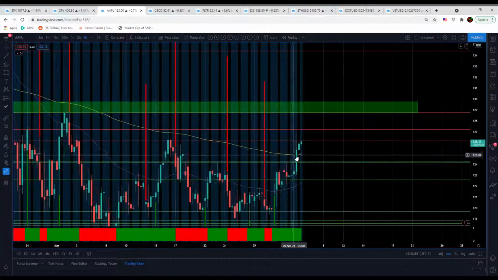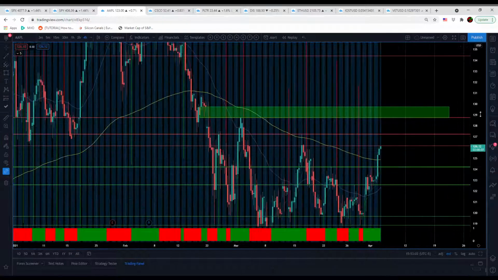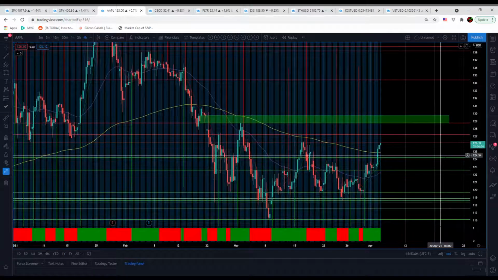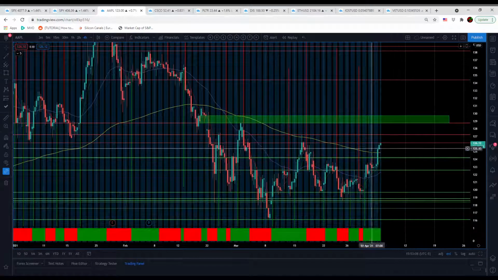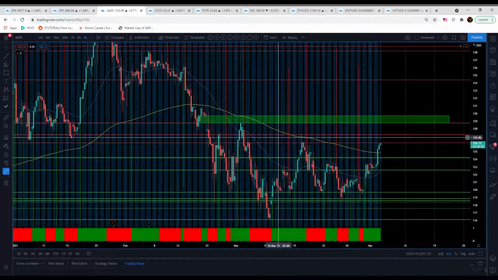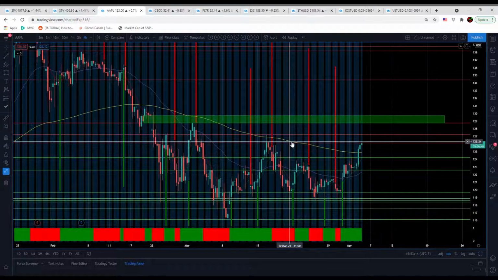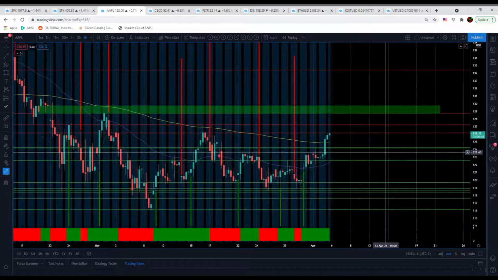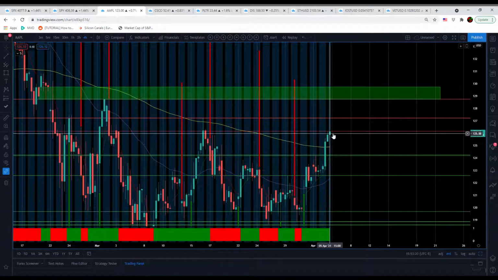So this one's pretty good, especially since we're breaking the 200 EMA. If you guys remember the first videos that I posted on Teachable, the EMAs pretty much act like support and resistance as well. So 200 EMA is one of the strongest EMAs. So right now we just broke the 200.